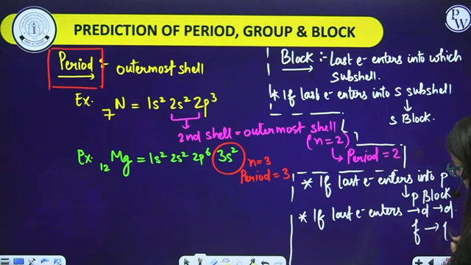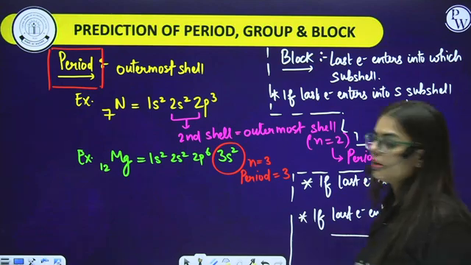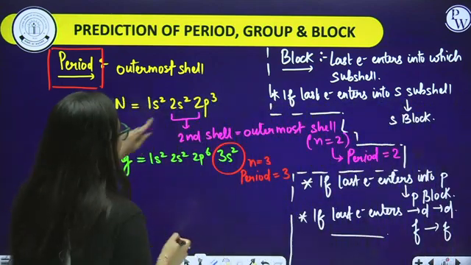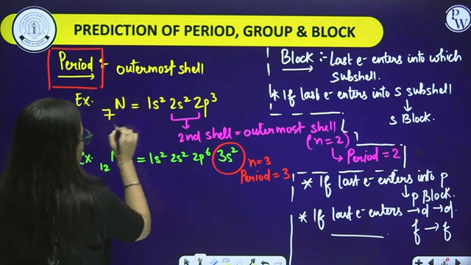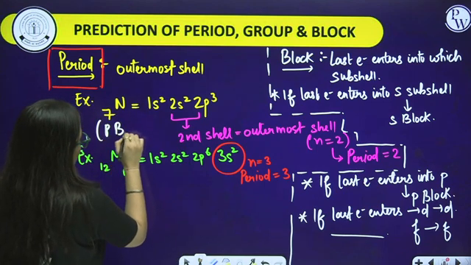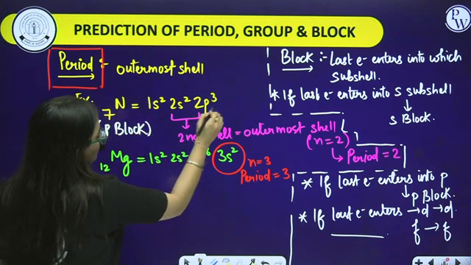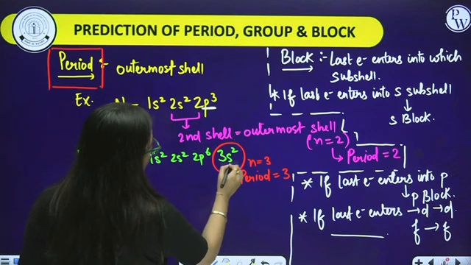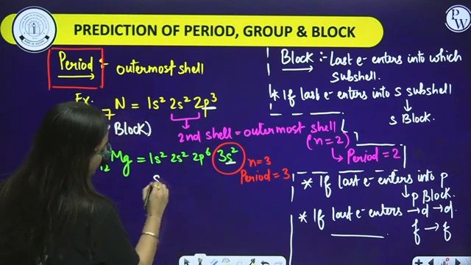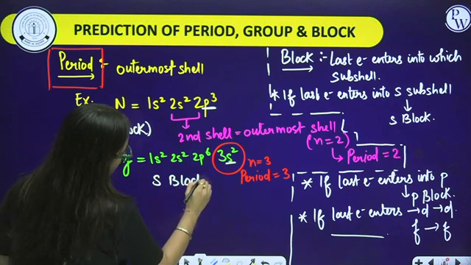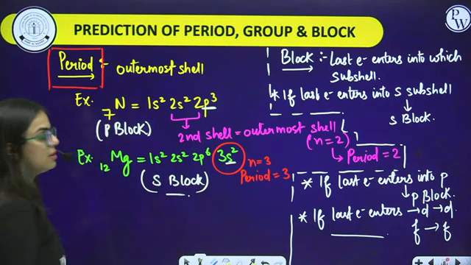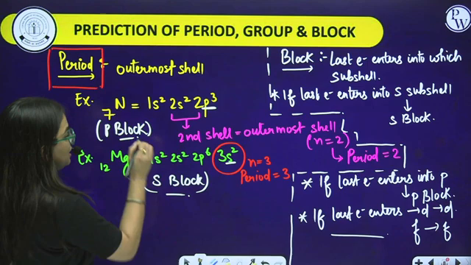Similarly into F, so it is F block. Clear? Let us take these examples only. Here last electron enters into P subshell, so this is P block. Here last electron enters into S subshell, so it is S block. Clear, students? So this was about period and block.